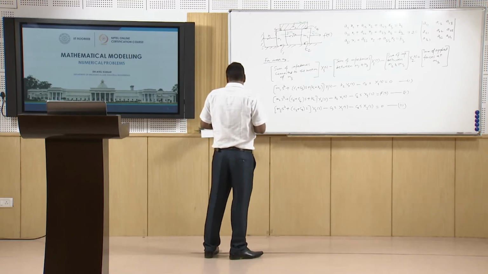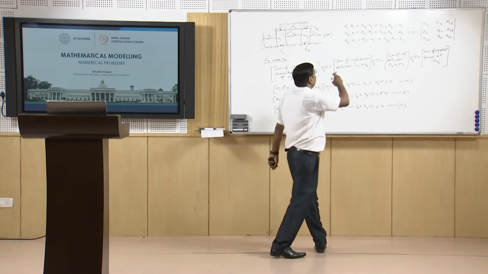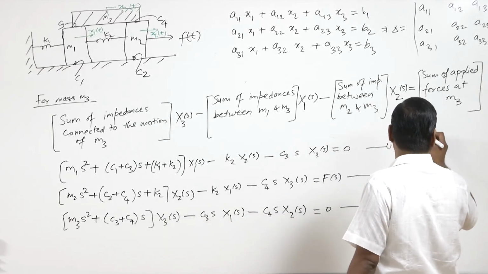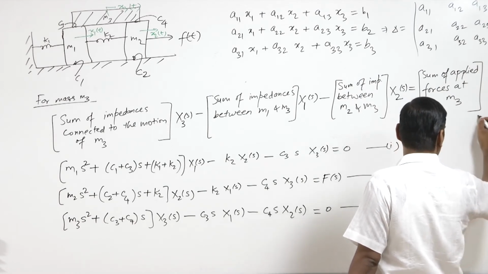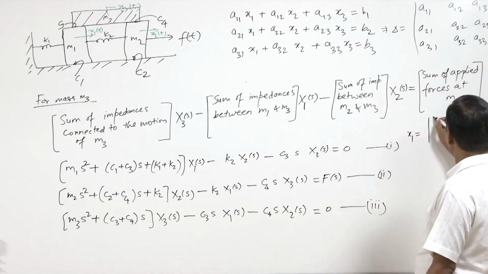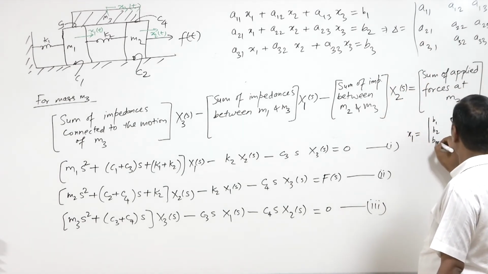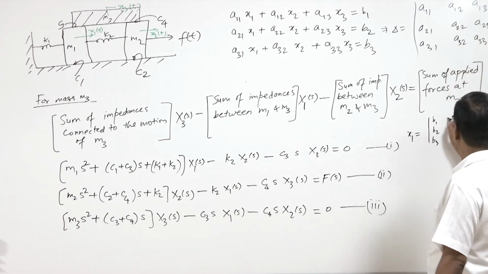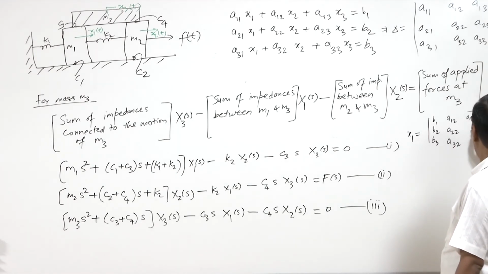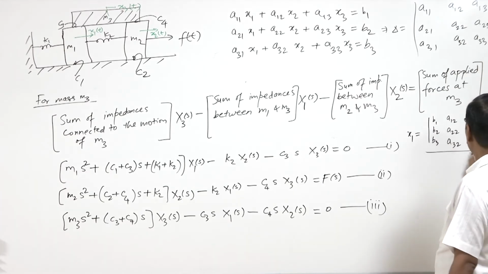For example, if we want to find x1, then x1 equals this determinant, where the first column is replaced with B1, B2, B3, and the other columns are A12, A22, A32 and A13, A23, A33, upon delta.